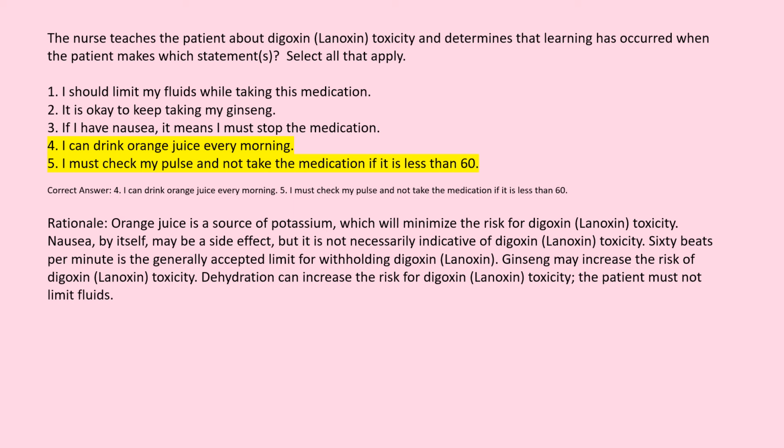Nausea, by itself, may be a side effect, but it is not necessarily indicative of digoxin toxicity. 60 beats per minute is the generally accepted limit for withholding digoxin. Ginseng may increase the risk of digoxin toxicity. Dehydration can increase the risk for digoxin toxicity. The patient must not limit fluids.